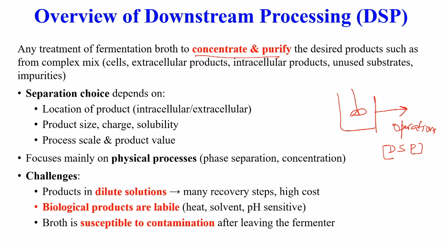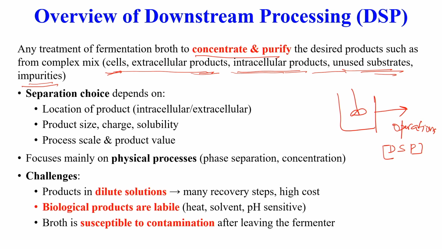When we go for the purification, the first step is the fermentation broth. What does it include? It includes cells, which means first cells need to be separated. It includes extracellular product. It also includes intracellular product if your product is intracellular. It also has unutilized substrate, and of course, certain impurities will be there.